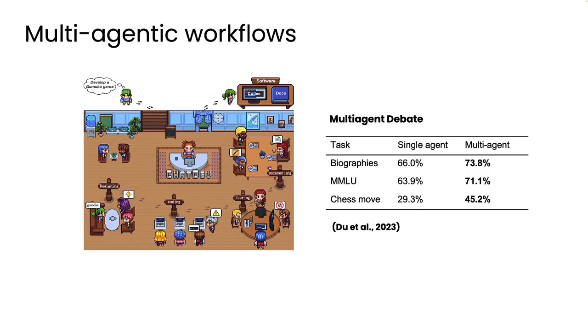Multi-agent workflows are more difficult to control since you don't always know ahead of time what the agents will do, but research has shown that they can result in better outcomes for many complex tasks, including things like writing biographies or deciding on chess moves to make in a game.